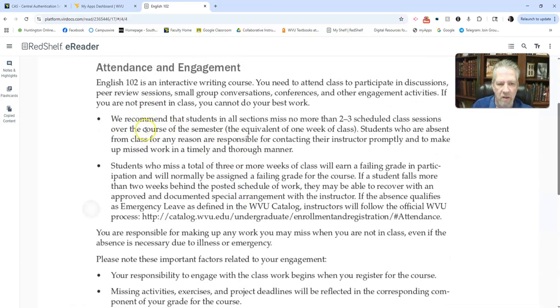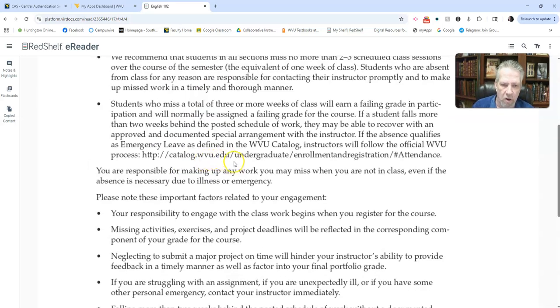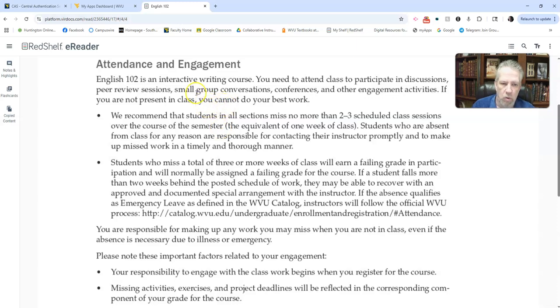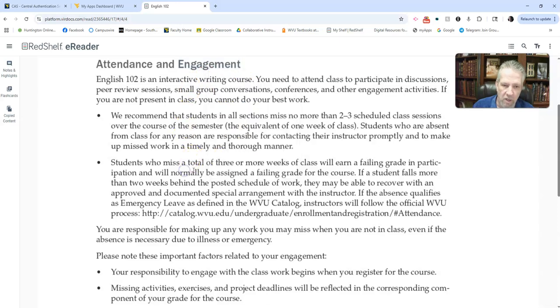It tells you about how the attendance and engagement works. Basically, since you're in an online class, the engagement is what you'll be particularly paying attention to, because there's not really a real attendance in an online class. It's just a matter of engaging in the work every week.